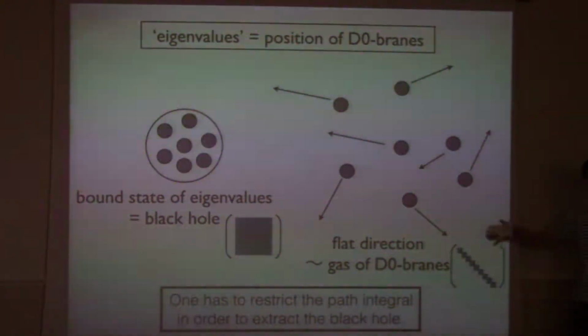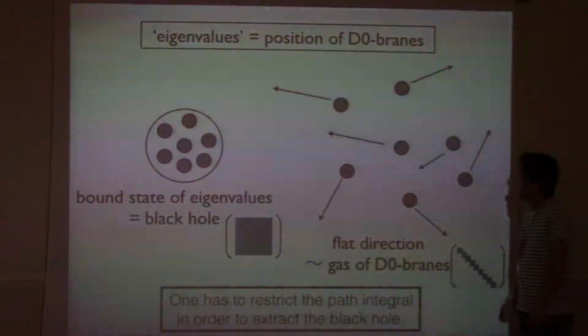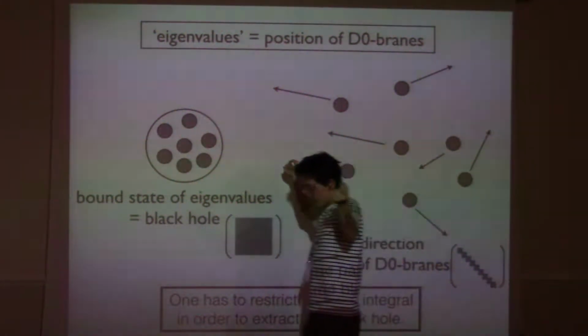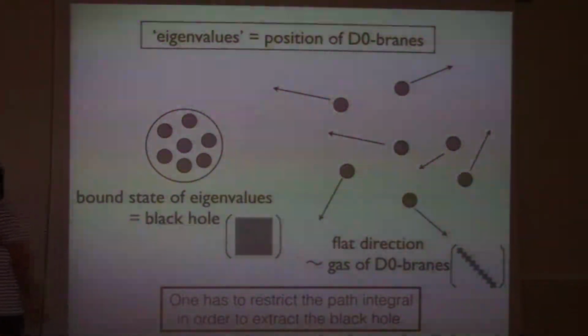So this is the flat direction. When the D branes are sitting far from each other, the force between D branes has a contribution from the bosonic sector and the fermionic sector. Due to supersymmetry, they just cancel and they move freely.